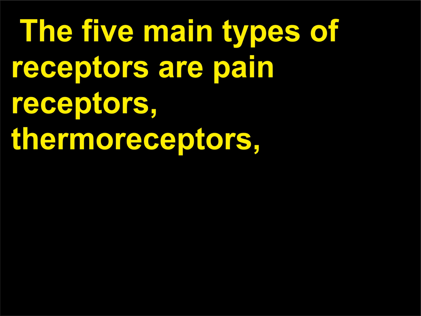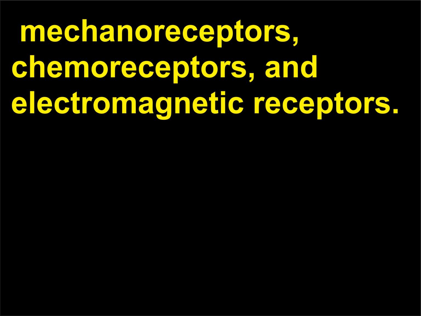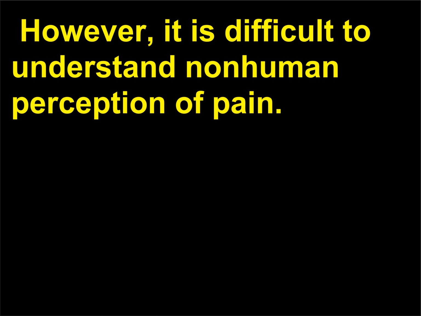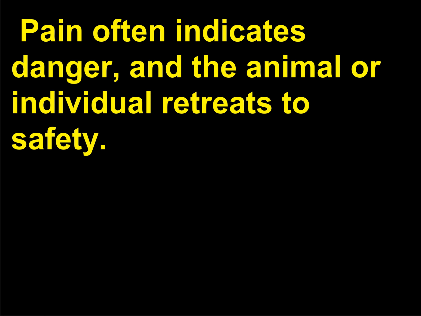The 5 main types of receptors are pain receptors, thermoreceptors, mechanoreceptors, chemoreceptors, and electromagnetic receptors. Pain receptors are probably found in all animals. However, it is difficult to understand non-human perception of pain. Pain often indicates danger, and the animal or individual retreats to safety.